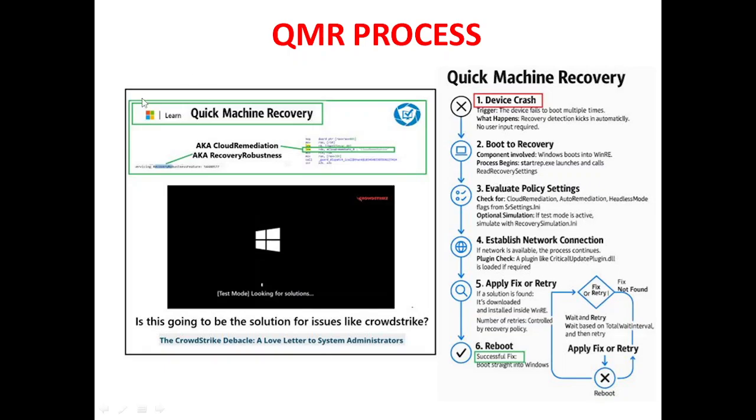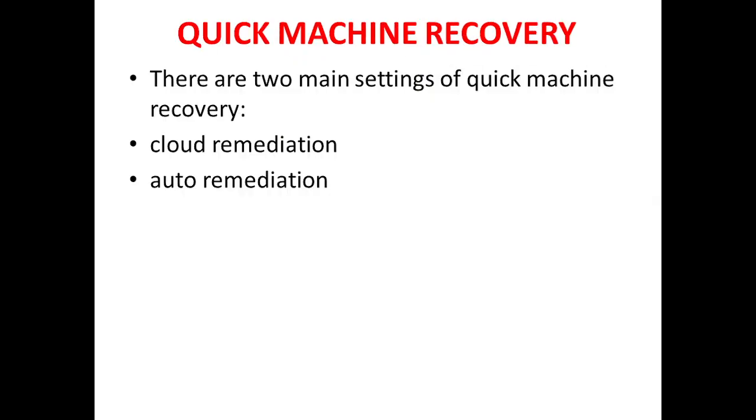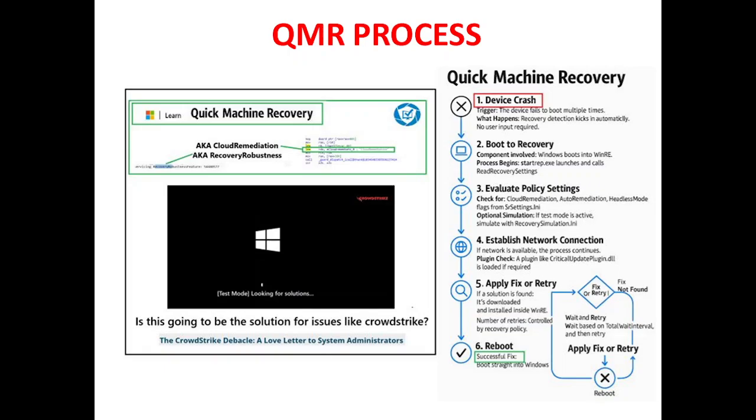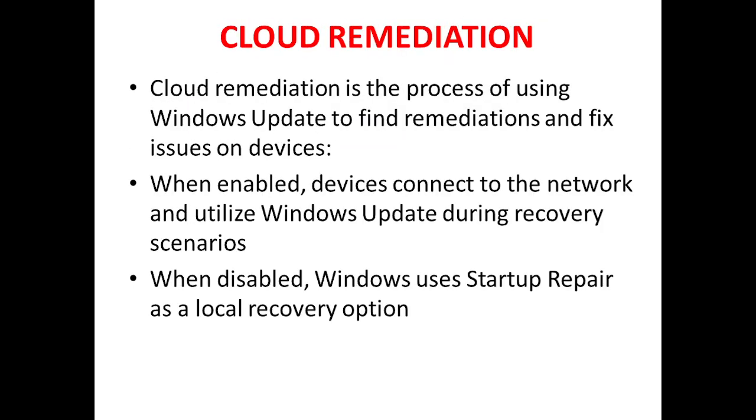First it will try, and in case it cannot solve it, you need to do it manually. But in most scenarios like CrowdStrike, it will solve the issue. In case it is not solved, you need to do it manually. So this feature, QMR, will be useful in such scenarios. I will also show you how to enable this feature now.